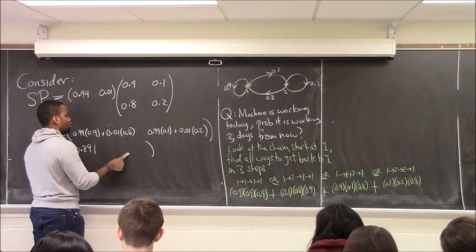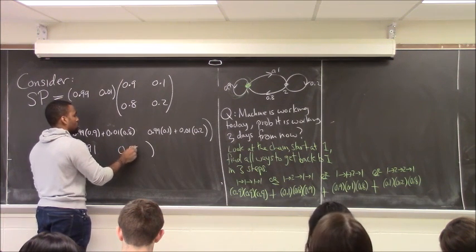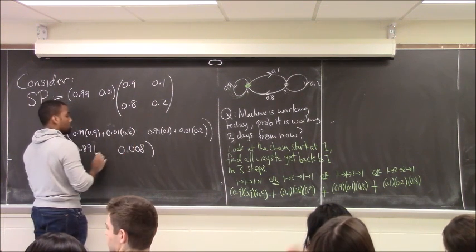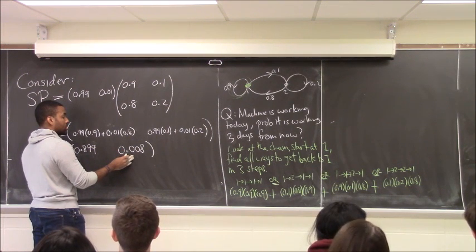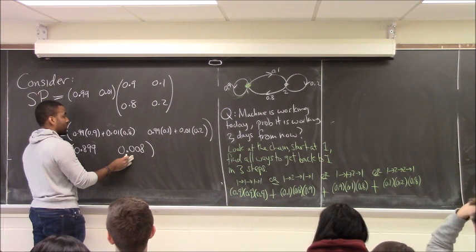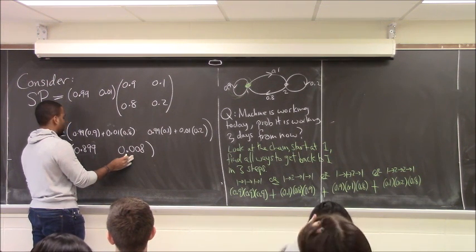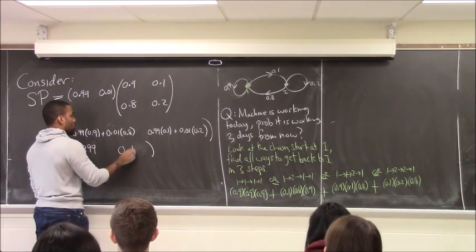And the second part would be 0.008. Wait, I'm sorry, no, you were right. I'm done. It's 0.899. Excuse myself. It's too early for matrix multiplication. Let's do this in the afternoon. What is this? 101.